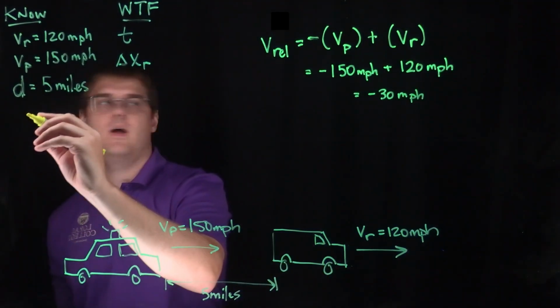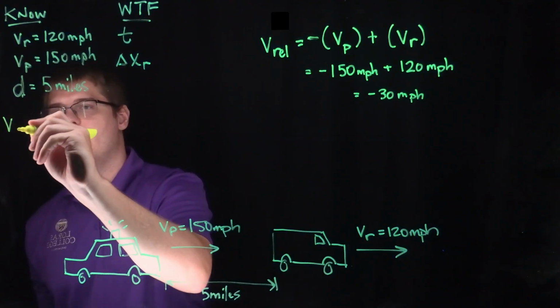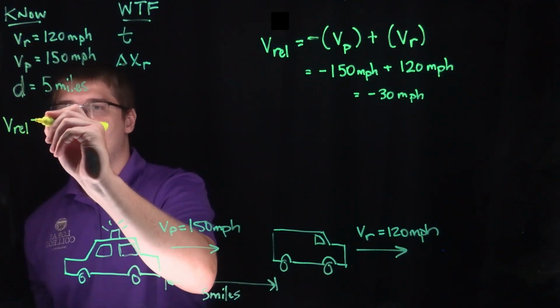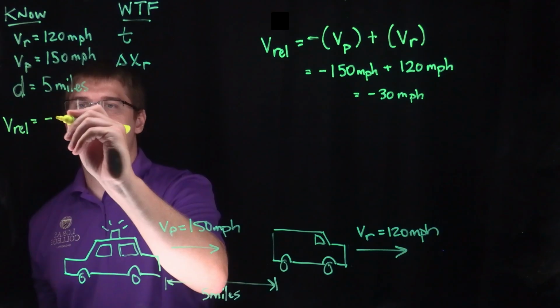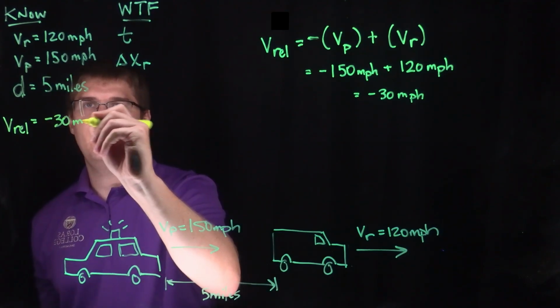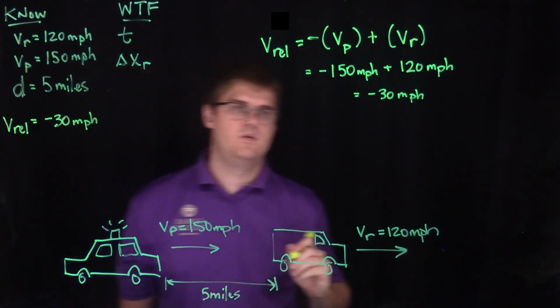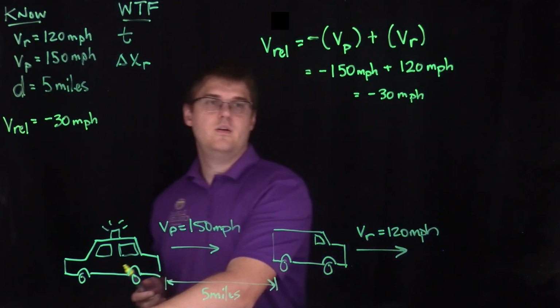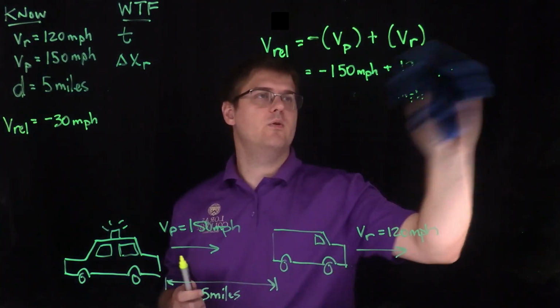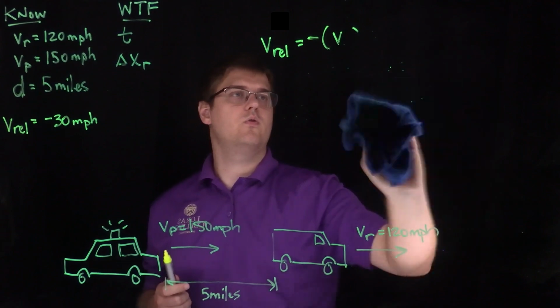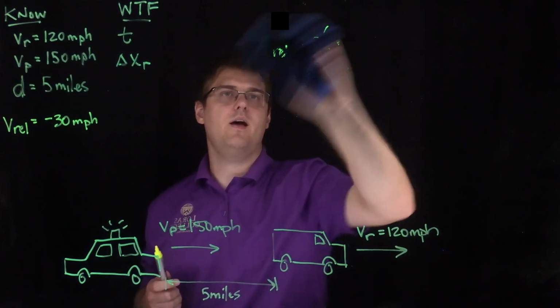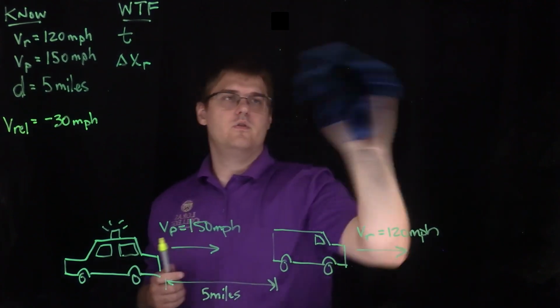And I'm just going to go ahead and add this. We have a velocity relative is equal to negative 30 miles per hour. We're starting to see the difference between the yellow and the green, just in that the green appears to be a dying marker. So the yellow is much brighter.